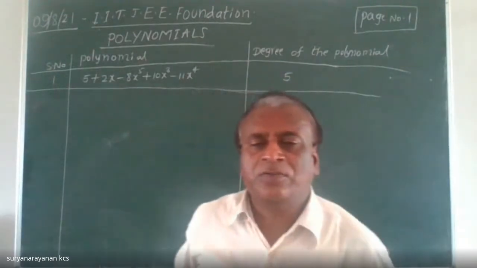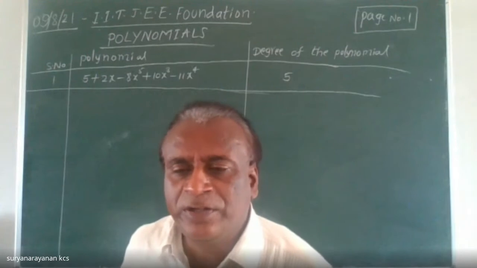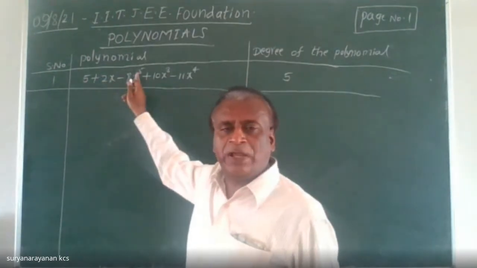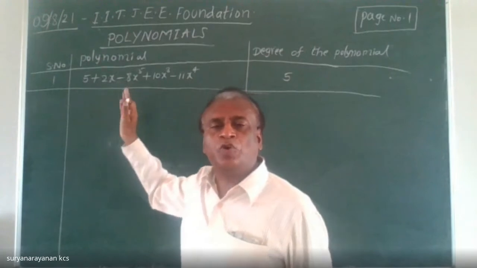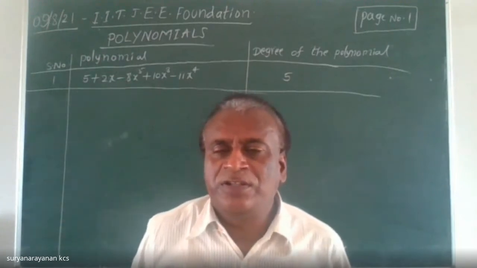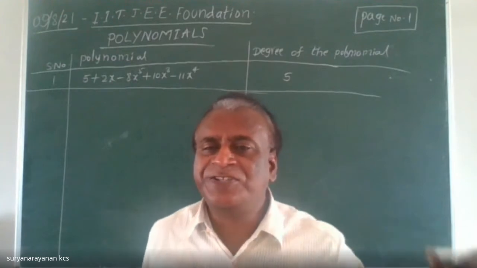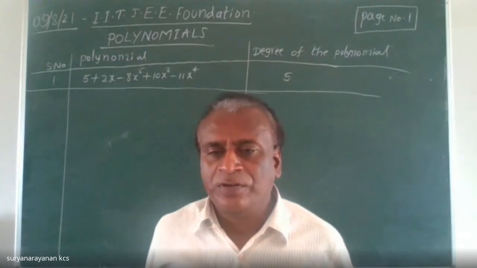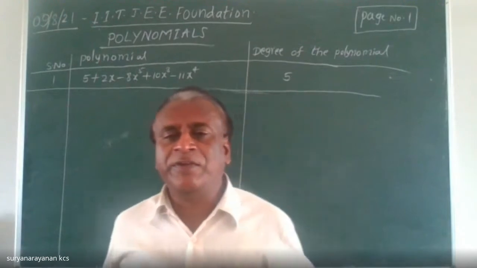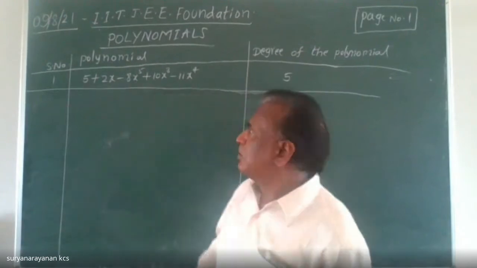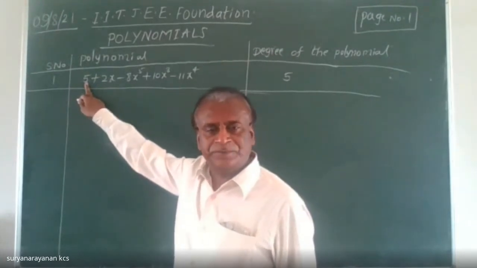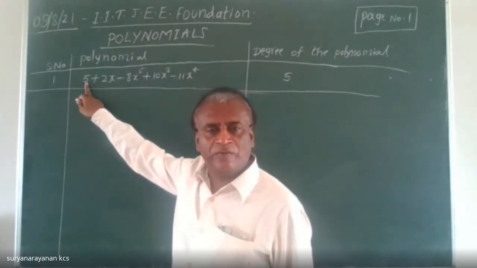My dear children who joined late, please listen carefully here. This is a given polynomial. The degree of a polynomial is nothing but the highest exponent of the variable in the given polynomial. So here this is a constant term, there is no variable.